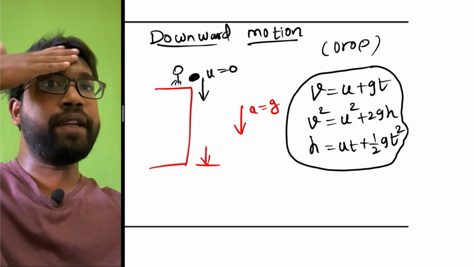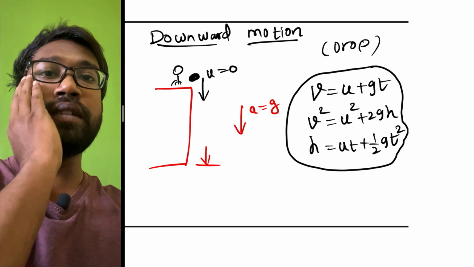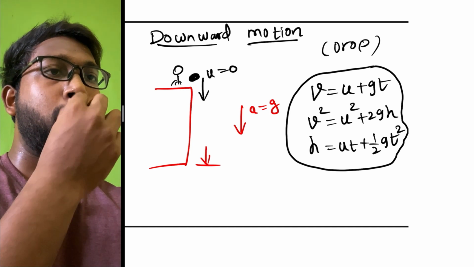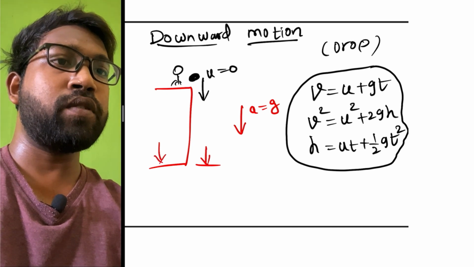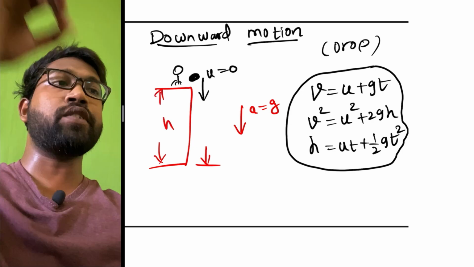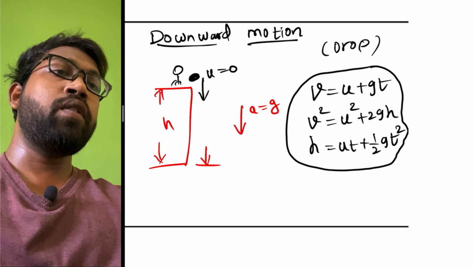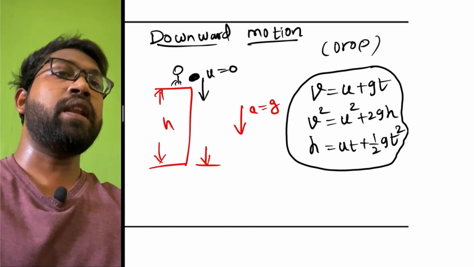So let me tell you what we are going to find in this case. We have a building of some height, right? This is the height of the building. We are just going to drop a ball. If you are dropping the ball, in how much time will it land on the earth?